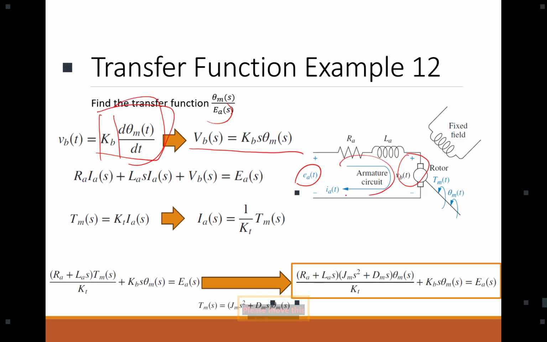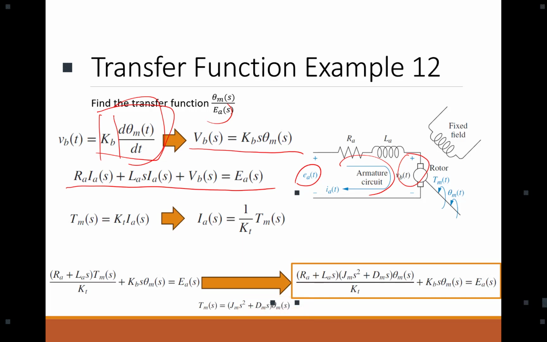Here we have a KVL. We run a KVL: armature resistance times the armature current, plus the inductance of the armature. s is impedance; the inductive impedance was sL, right? The inductive impedance of the motor times the current, plus the voltage across the motor, which is the back EMF.